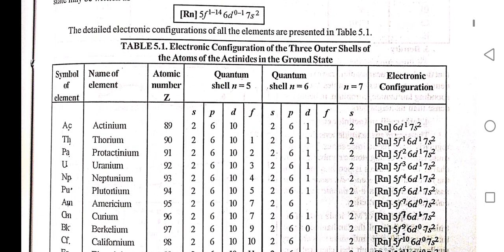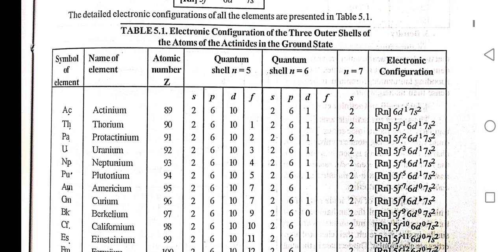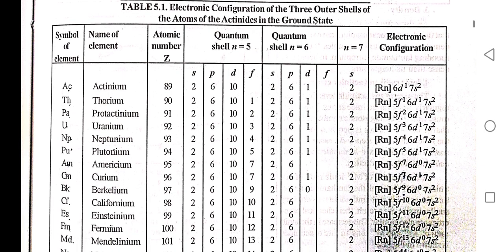The detailed electronic configurations of all the elements are present in tables. Name of element: actinium, denoted by the symbol Ac, atomic number 89. Quantum shell n equal to 5: s has 2, p has 6, d has 10, f has 0.